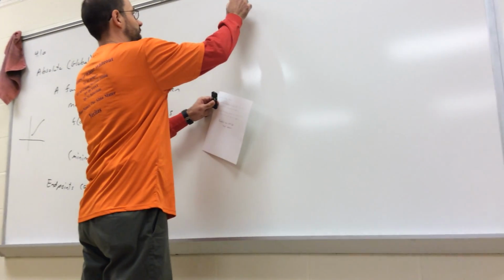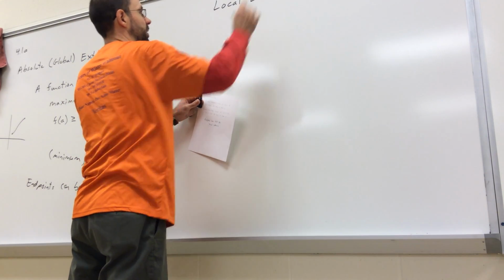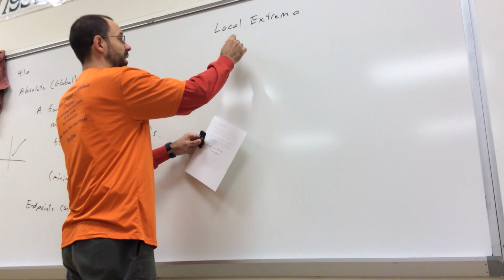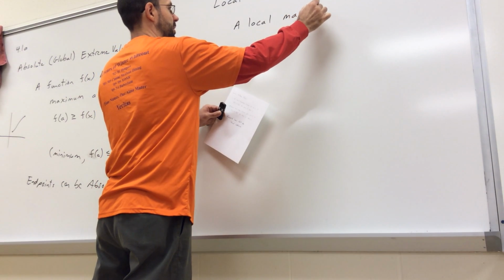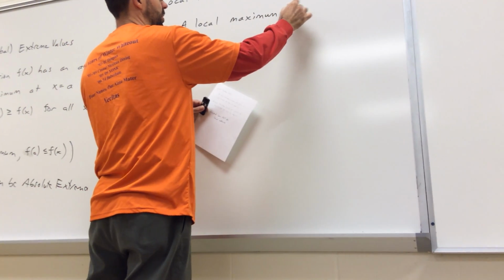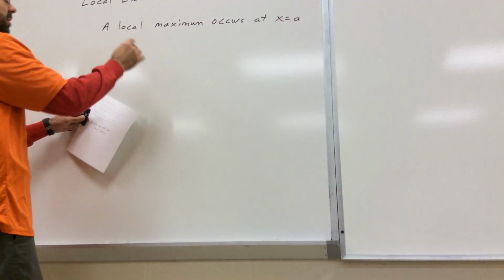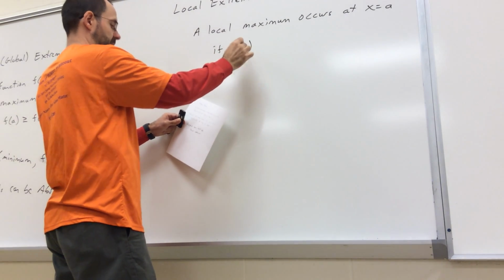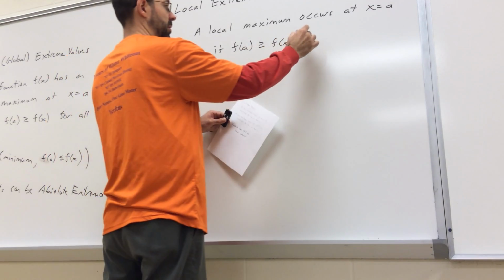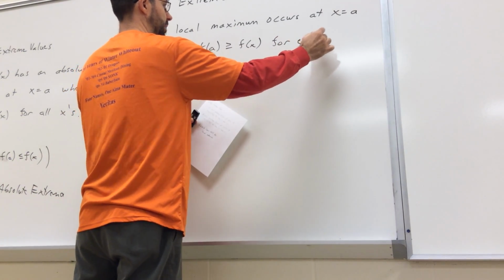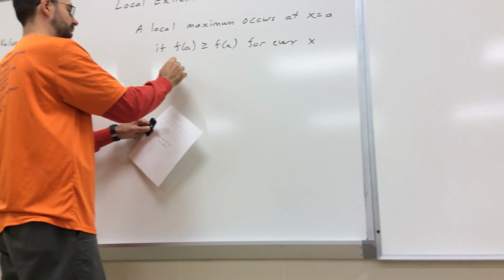But now we're also going to have local extreme values. So local extrema. And a local maximum occurs at x equals a if f of a is greater than or equal to f of x for every x near a.